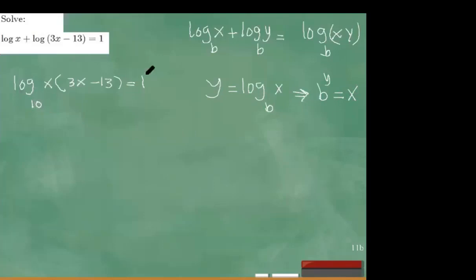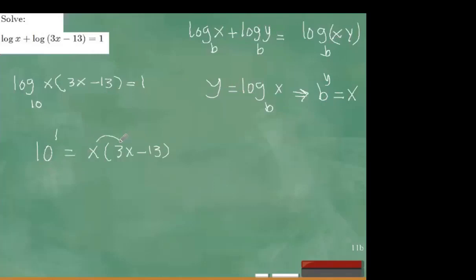So here would be 10 to the power of 1 is equal to my argument, which is x times 3x minus 13. So remember what we just did. We combined the log on the left-hand side using my property, and then I'm going to write it as exponential functions.